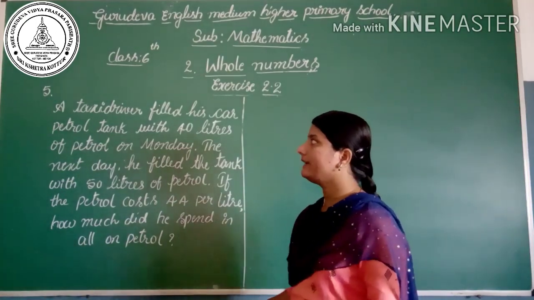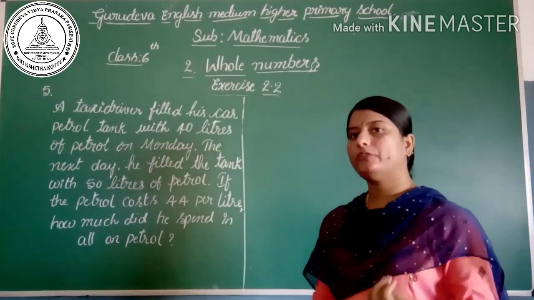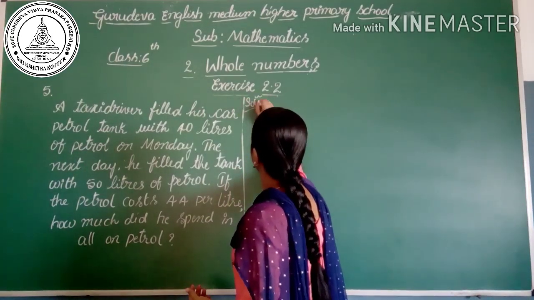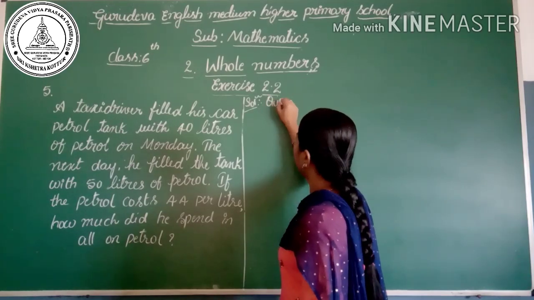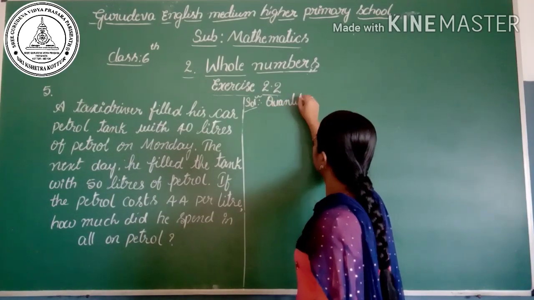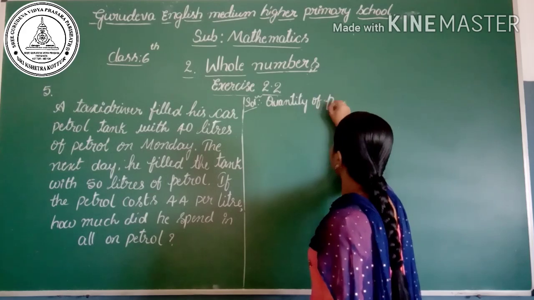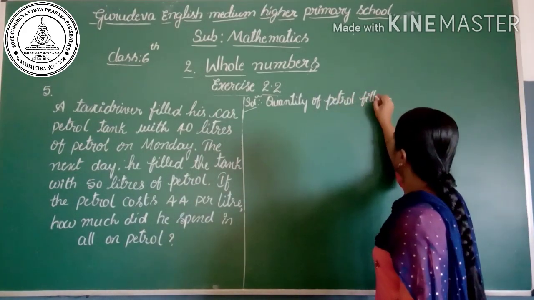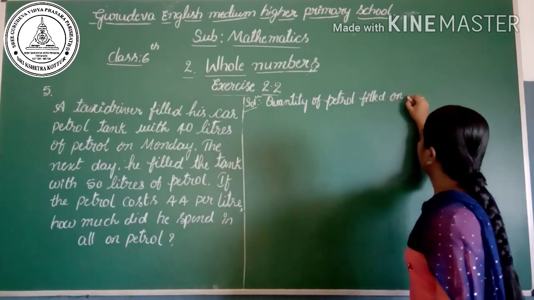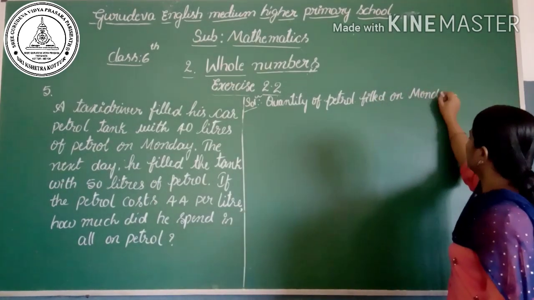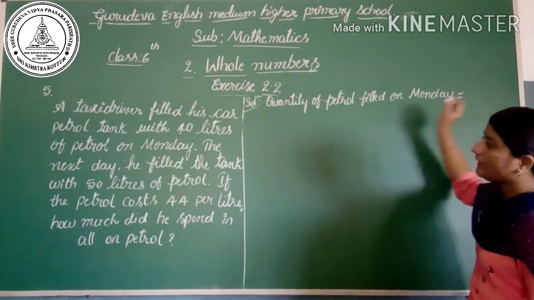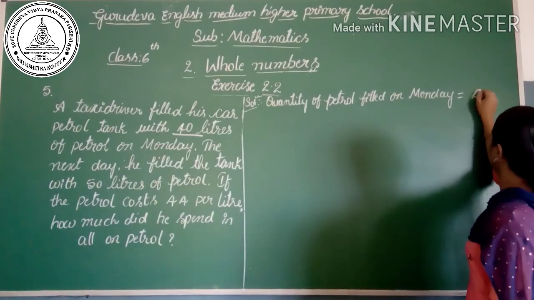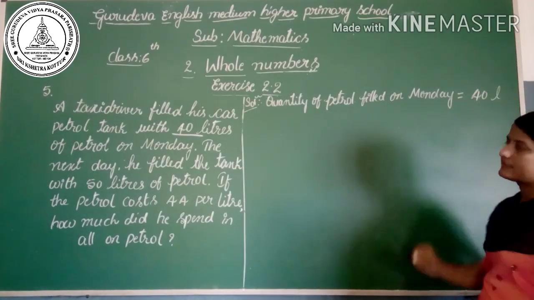First what we have to write. Solution: quantity of petrol filled on Monday. He filled on Monday 40 liters, which is equals to 40 liters.